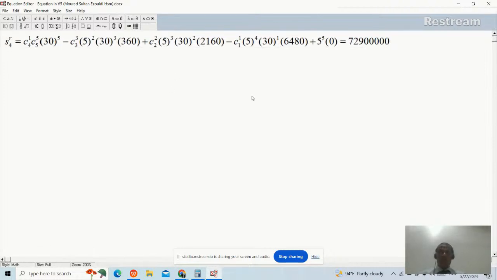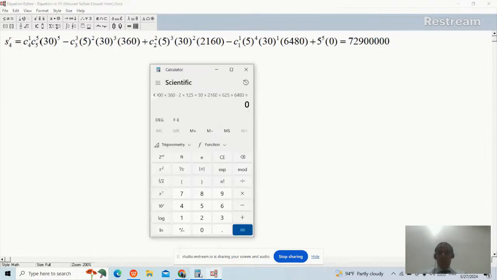Therefore, learners, here I will make this one equal to 4 times 30 raised to the power 5 minus 25 times 30 squared, means 900, times, sorry, raised to the power 3. I will repeat.